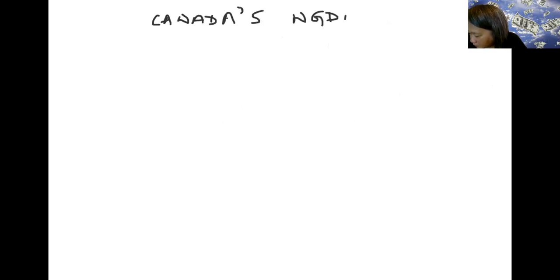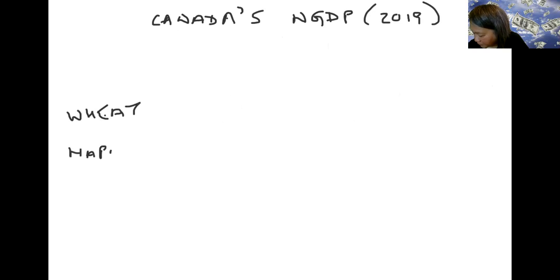All right, so let's say in 2019, Canada's nominal GDP of 2019. So that's what we're going to try and calculate. And let's say that Canada only produces three things. So we have wheat, maple syrup, I'm being really Canadian here, and salmon.